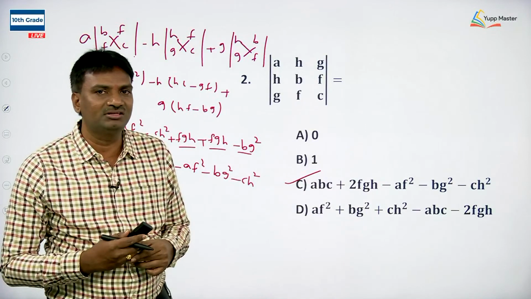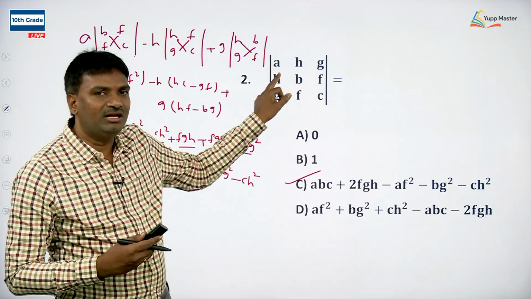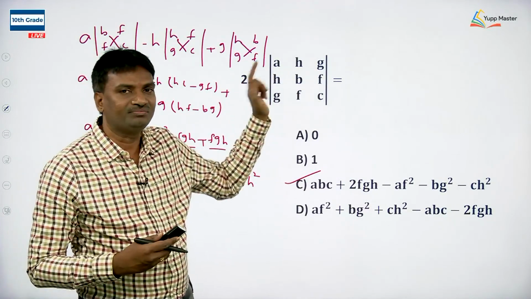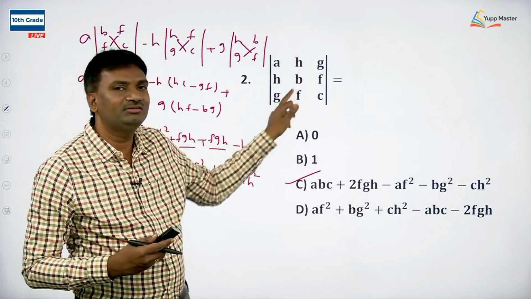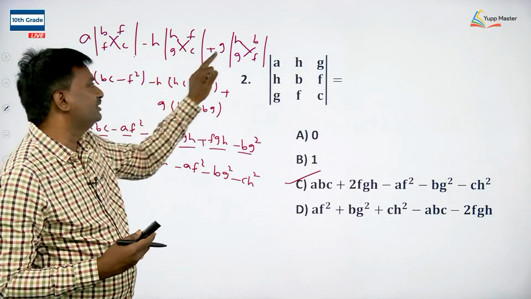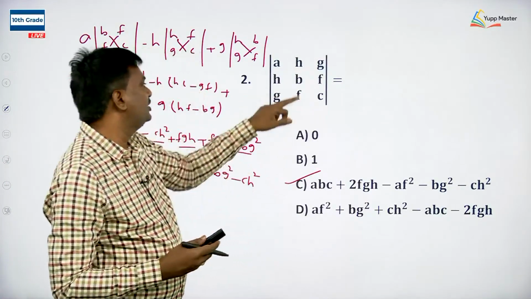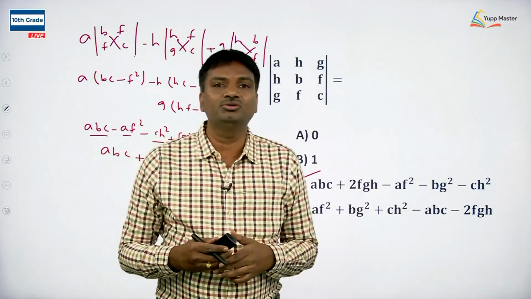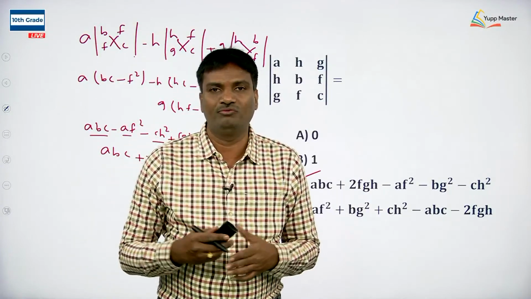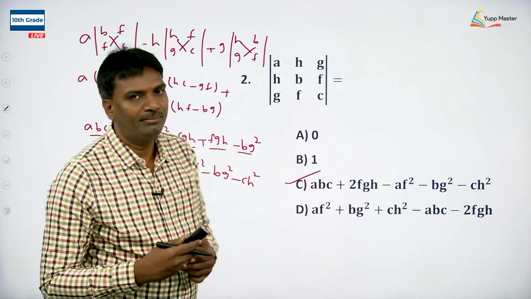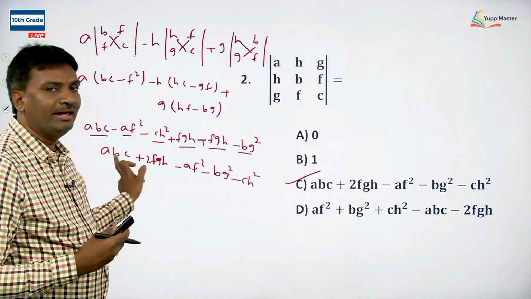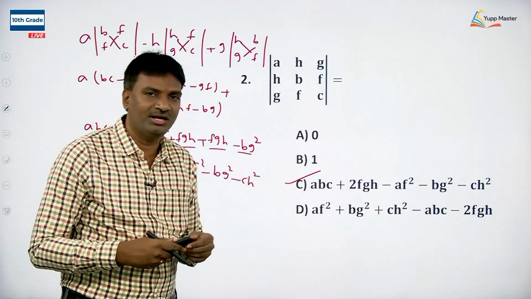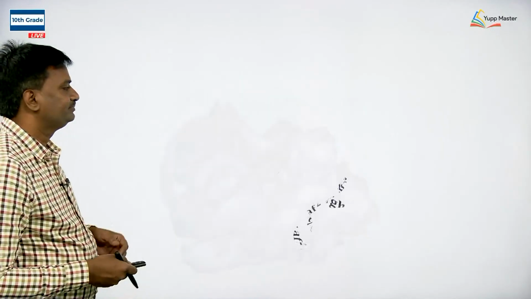So take the first element A, cofactor of A, that is B, F, F, C. Next minus H into the cofactor of H, that is H, F, G, C, plus G into the cofactor of G, that is H, B, G, F. Since these are 2 cross 2 matrices, expand them. After expanding and simplifying, we got ABC plus 2FGH minus AF square minus BG square minus CH square, that is option C.